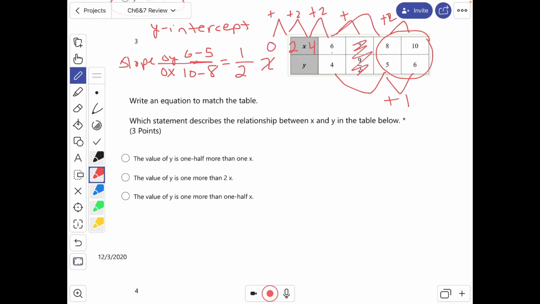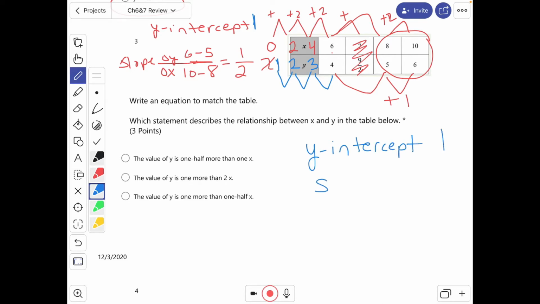And 2 before 2 would make 0. So let's do that on the bottom. But this time it's by 1s on the bottom. So 1 before 4 would be 3. 1 before 3 would be 2. And 1 before 2 would be 1. So the y-intercept is 1.